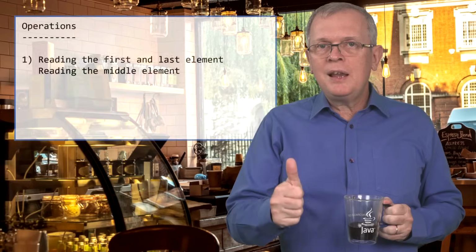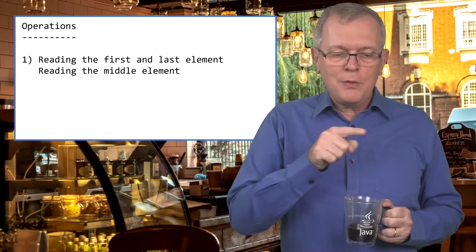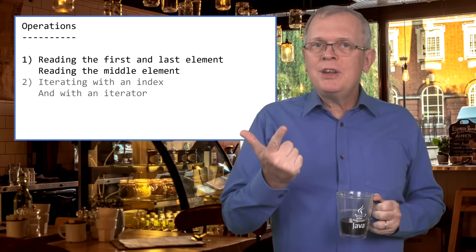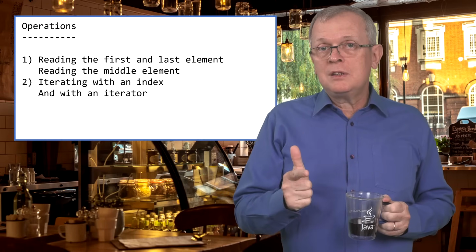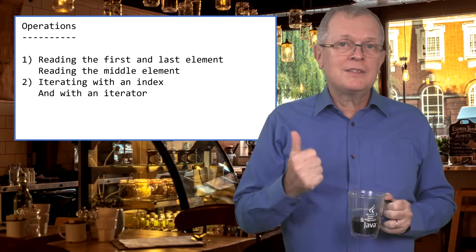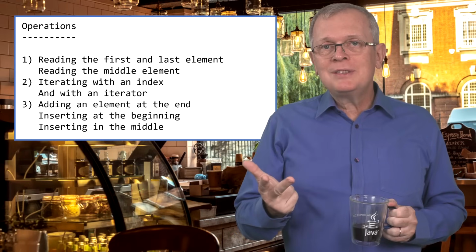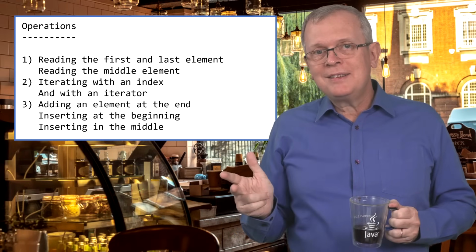Let us examine some of the most used operations on a list. Let us choose 3 basic operations: getting an element from the list, and we'll see 3 places to read from: the beginning, the end, and the middle of the list; iterating over the elements of the list with the 2 patterns you can think of, iterating with an index or with an iterator; and inserting an element at the beginning, at the middle of a list, and at the end.